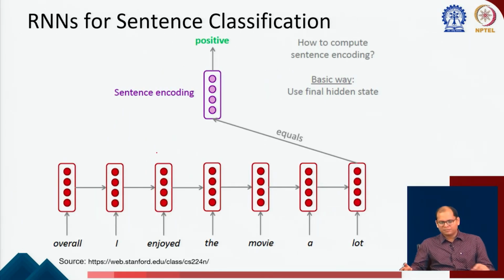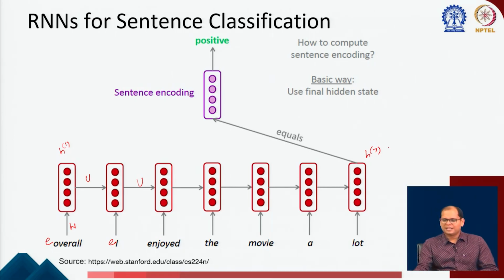How exactly? I can feed the embeddings through an RNN. So I am feeding the embeddings for 'overall', embeddings for 'I' and so on through this matrix W, and the hidden states are computed by using U and W, right, until I get to 1, 2, 3, 4, 5, 6, 7, H7. And this H7 captures all the context of the sentence, right?